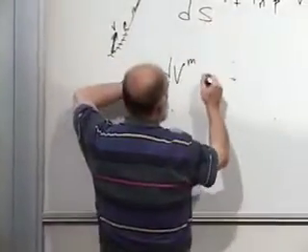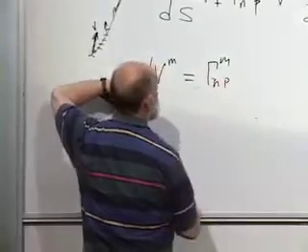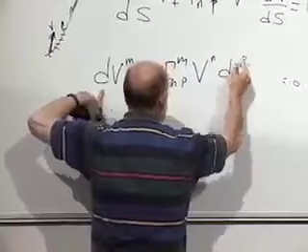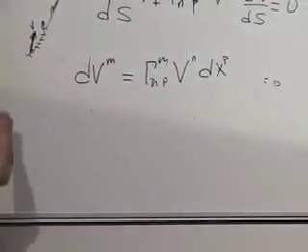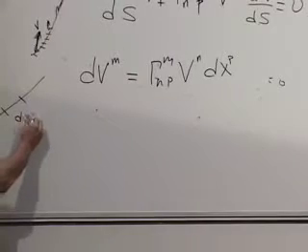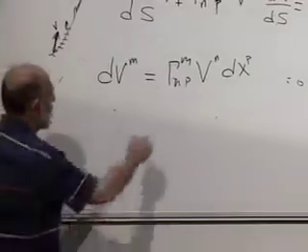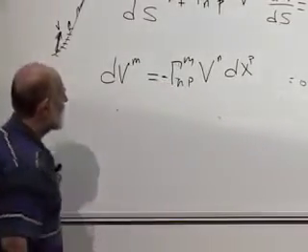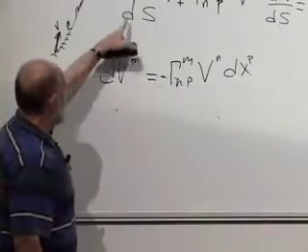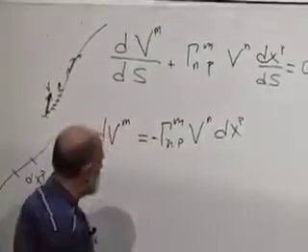The small change in V^m is minus Gamma^m_np V^n dx^p. So if I have a small incremental distance dx^p here, oh, sorry, this should be a minus sign, right? Not equal to 0. Yeah, let's dV^m, all I've done is solve this equation here, multiply through by ds, that's not important.